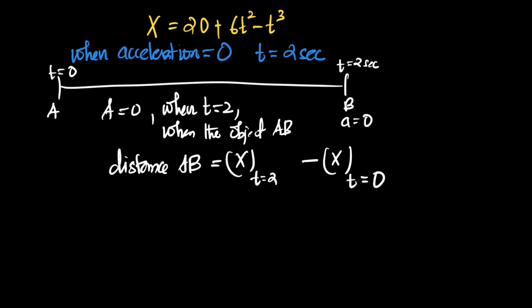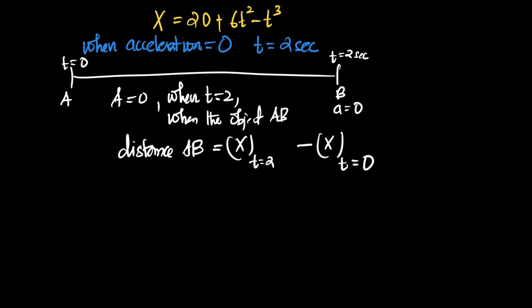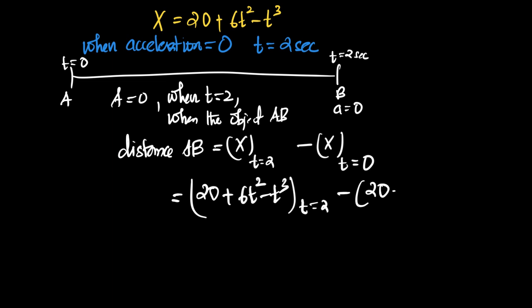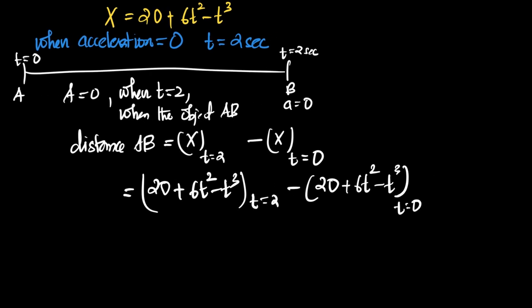So basically the distance time relationship is being evaluated at two different points. Now, what is the distance time relation? It is 20 plus 6t square minus t cube at t is equal to 2, minus 20 plus 6t square minus t cube at t is equal to 0, right?